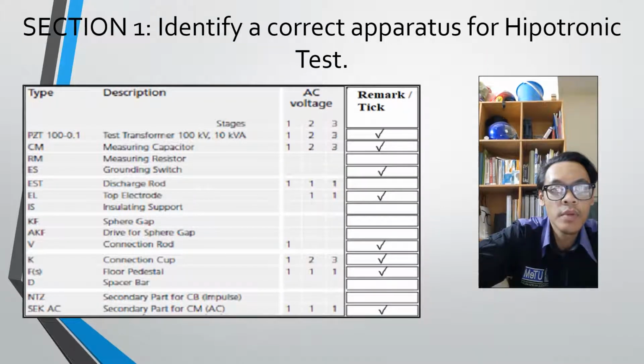For section 1, we need to identify the correct apparatus for the hipot test. We have been given a list of apparatus that we need to tick, which are used in the hipot test.